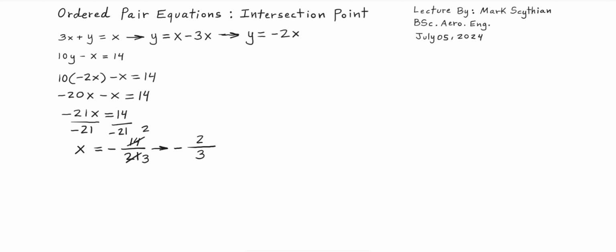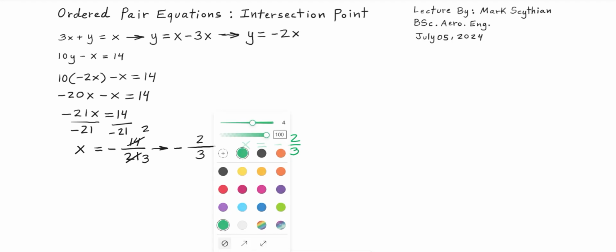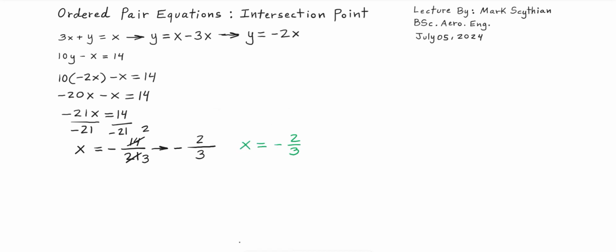So our x component is equal to negative 2/3. So now if we take our x component and then substitute it into either the second, or in this case the first equation for simplicity, we now get 3x plus y is equal to x.